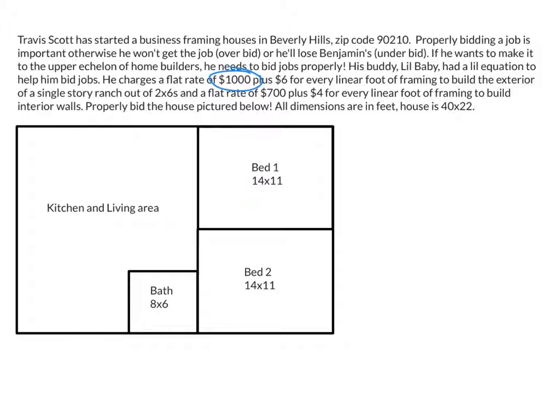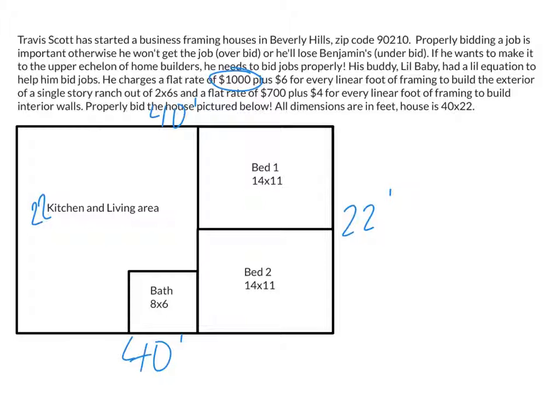So it sounds like I need to know my perimeter, right? So if it's 22 feet here and 40 feet here, which is 40 over here, and then another 22 on the other side. I'm running out of room over there, but I'll just put 22 feet there.